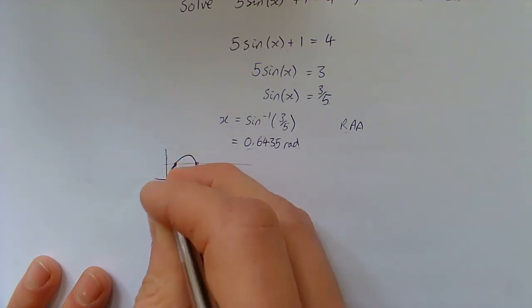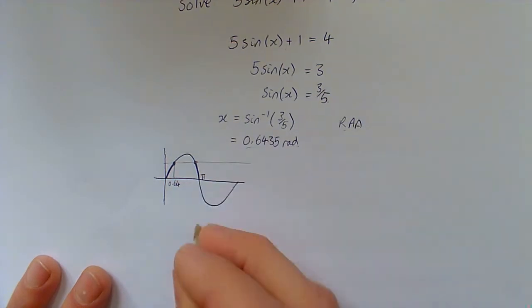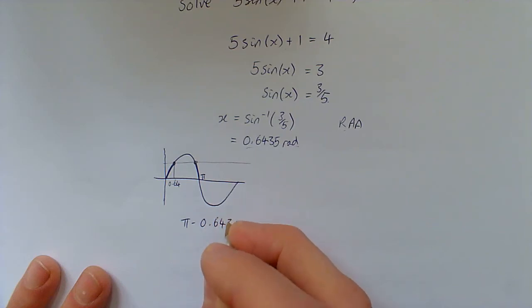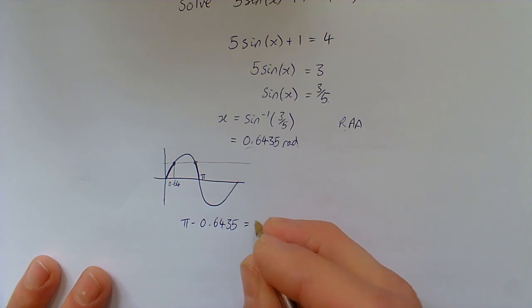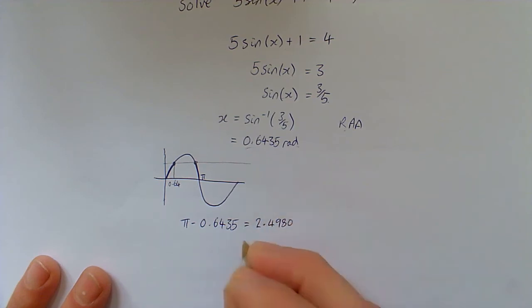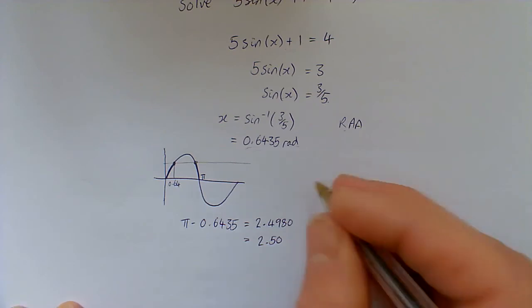We're coming along by 0.64 radians, so it's the same as coming back from pi. So it's pi, take away 0.6435. You can pop that in a calculator to work that out, which rounds nicely to 2.50 radians.